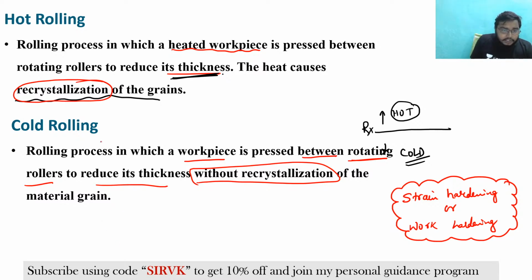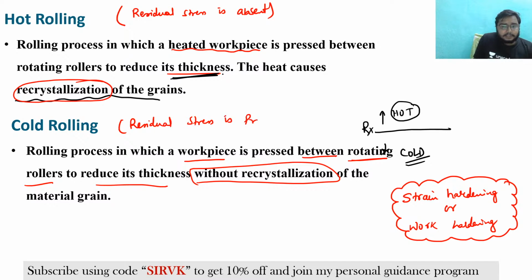Let me write it here: there is a cold rolling process and a hot rolling process. Here in hot rolling the residual stress is absent, and here in cold rolling residual stress is present. Now understand, since residual stress is present in the cold rolling process, it gets relieved in the hot rolling process. So what we can understand from here.